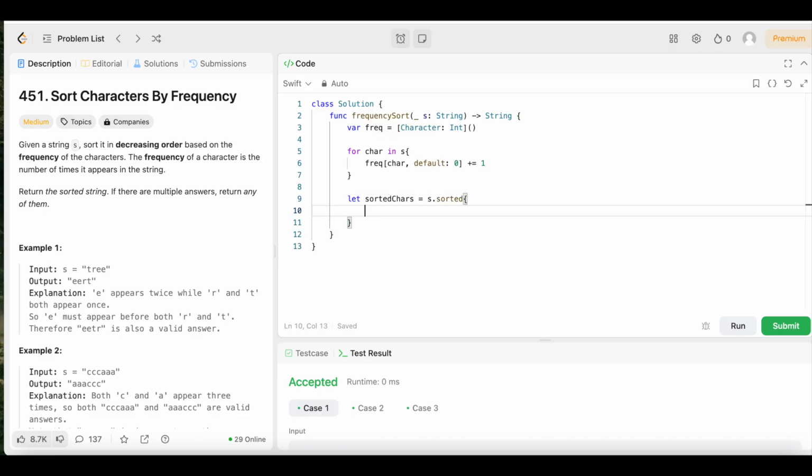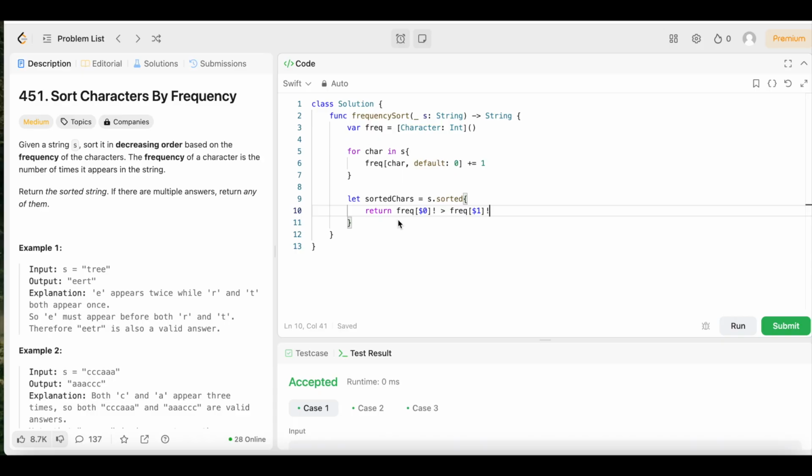Then we just need to say return freq, square bracket $0, and put an exclamation point. Then we're going to put the greater than sign, freq, square bracket $1. Excuse me, that should be a $1. So $1. Then that's optional as well, so we're going to unwrap it with the exclamation point.